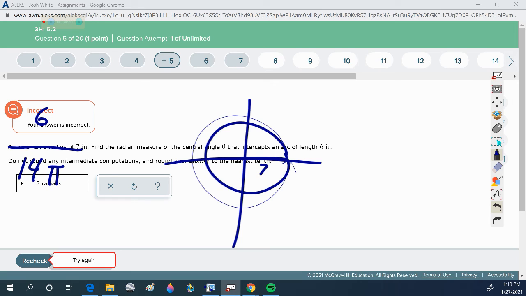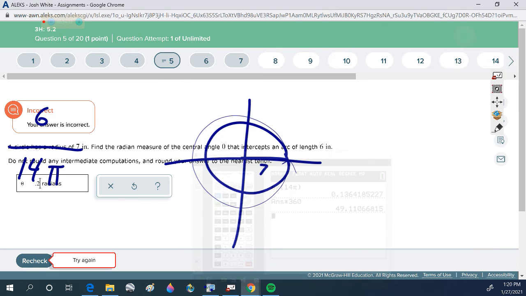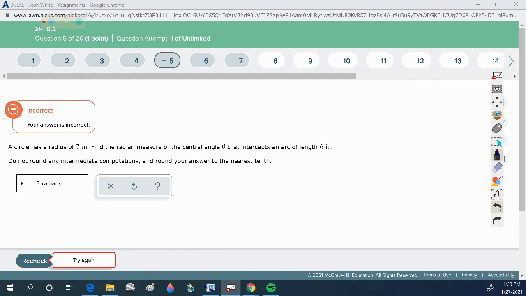Did I just round it wrong? Is it really that easy? Oh yeah, I thought it was 0.16. Sorry. So round that to the nearest tenth, 0.1. That scared me. I thought, wait a minute, I did it wrong. So the answer here is just 0.1.